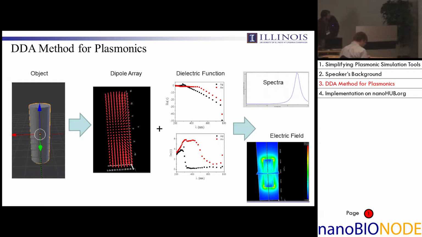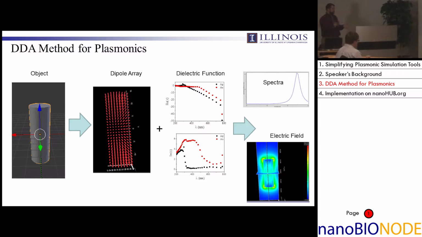What you start with is just a three-dimensional object that I've shown here that you can generate using a graphical drawing program. You then discretize that three-dimensional object into a set of points, and then you describe each one of those points as a dipole. Then you apply an electric field to that array of dipoles, add the fields of the individual dipoles, and then solve this in a self-consistent manner to generate spectra and electric fields.